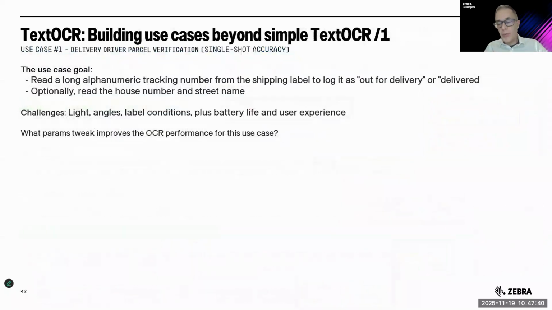I also wanted to present a couple of use cases to show how these parameters can be combined all together to satisfy a specific use case. The first one is about delivery parcels verification. So it's a kind of single shot accuracy that you look for.